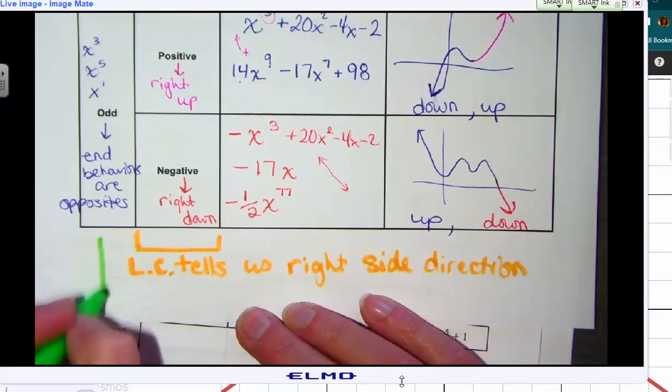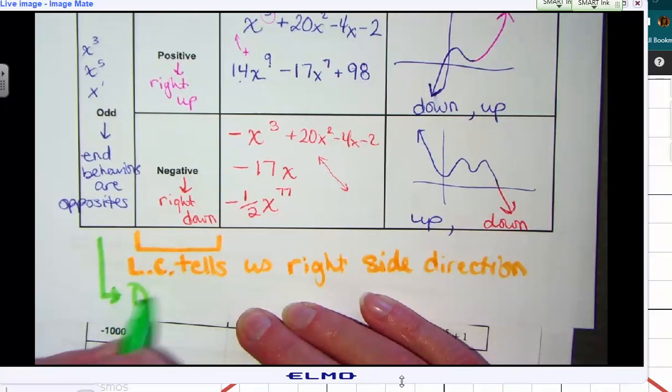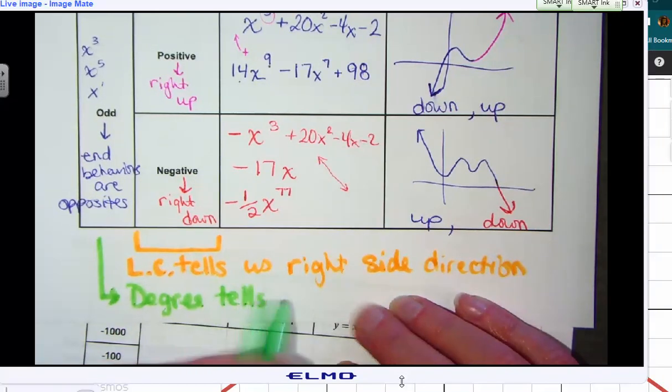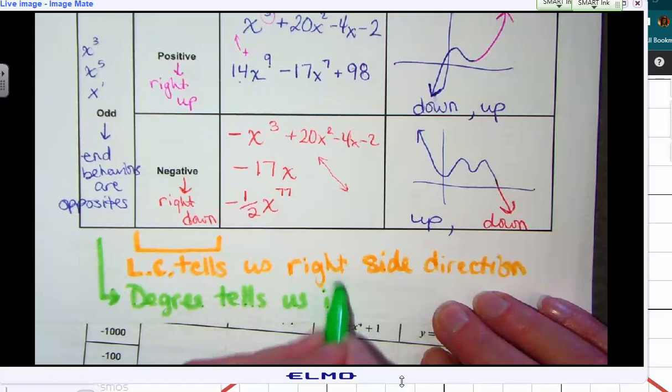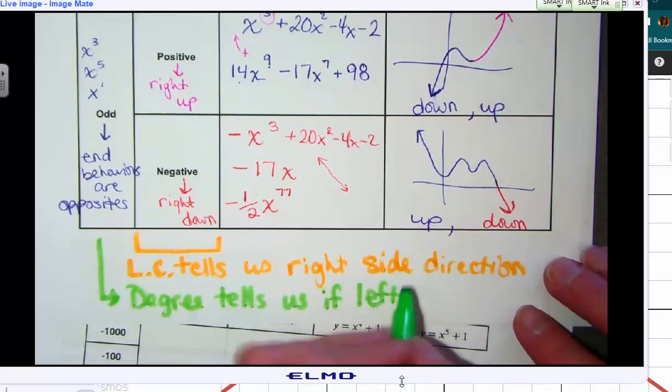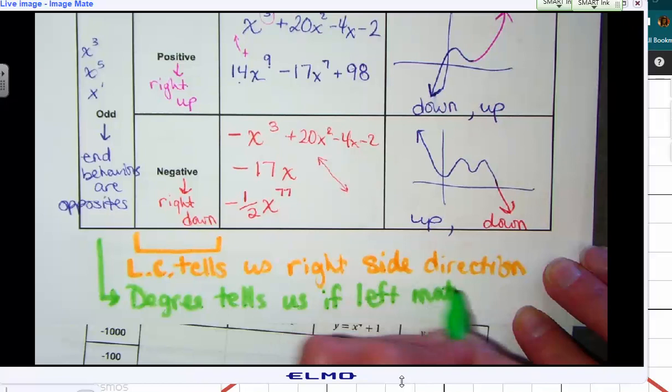The degree is going to tell us if the left matches or is opposite.